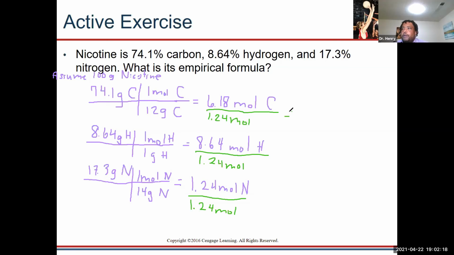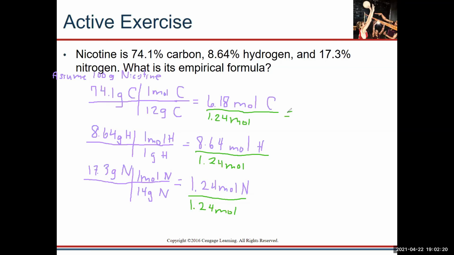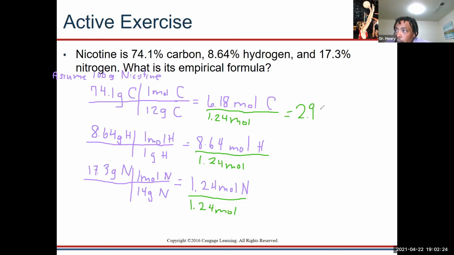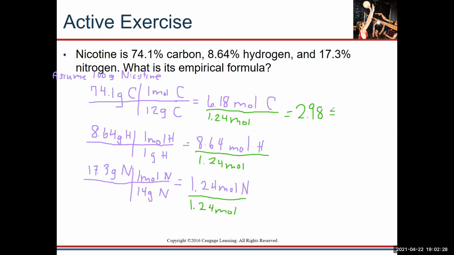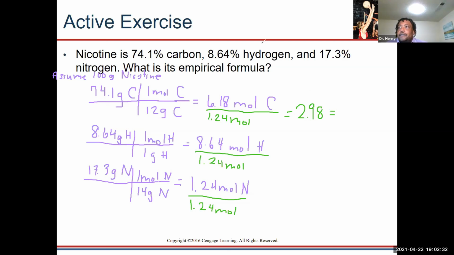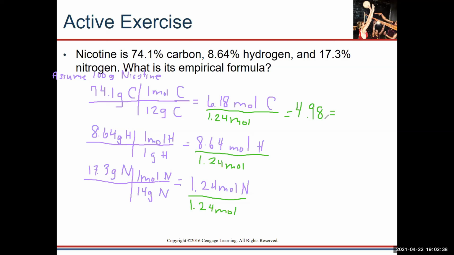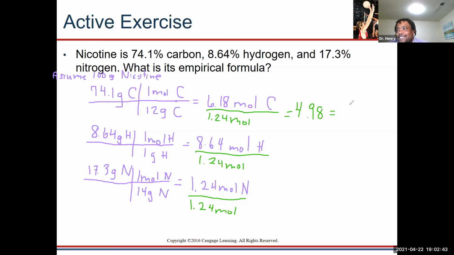Okay, so what do we get for carbon? And remember, 4.98. Is that close enough to 5 to round it up? Yes.